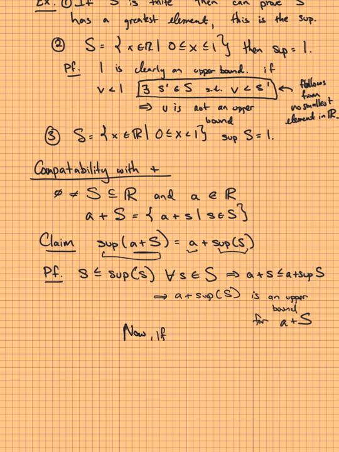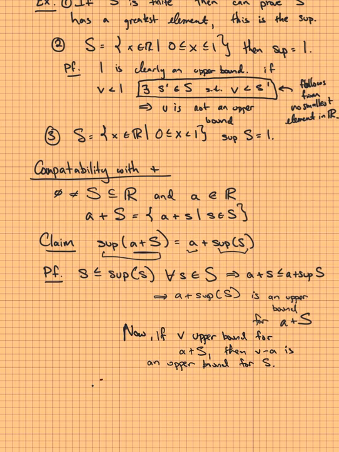Now suppose that we have another upper bound, so v is an upper bound for A plus S. Then v minus A is an upper bound for S. That's easy to check.